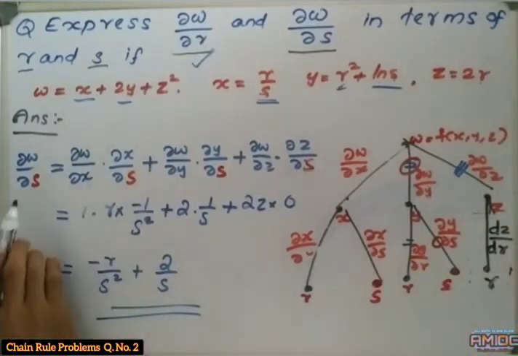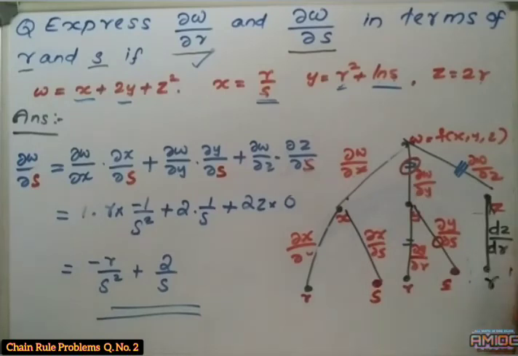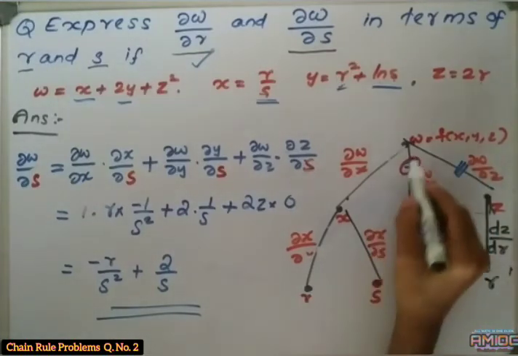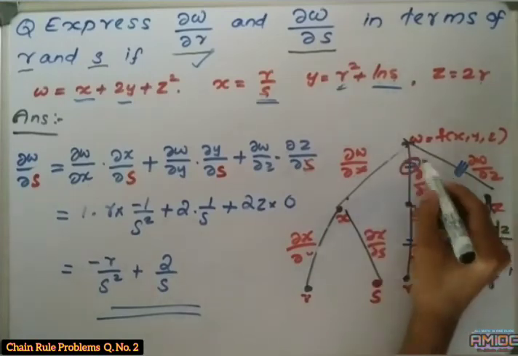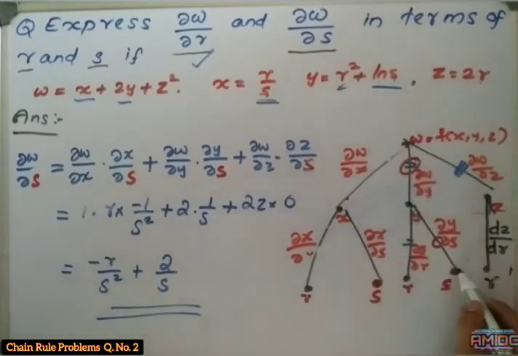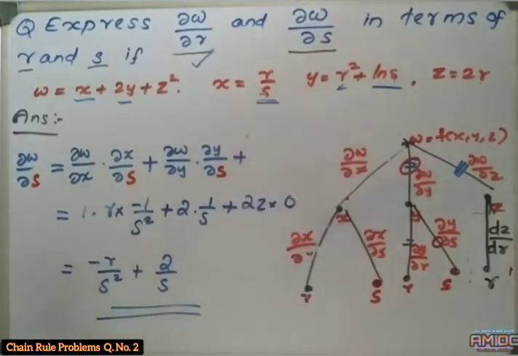Therefore, in this term, dou w by dou s, to this point there is no path approaching s. Only two paths, along the composition of these two paths and along the composition of these two paths. Therefore, here the term will be absent. Then also we get the same result.